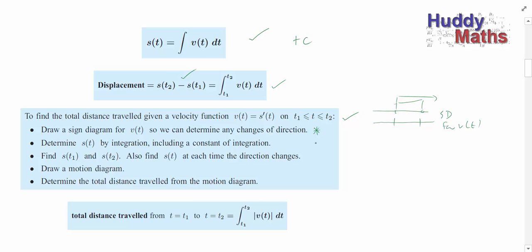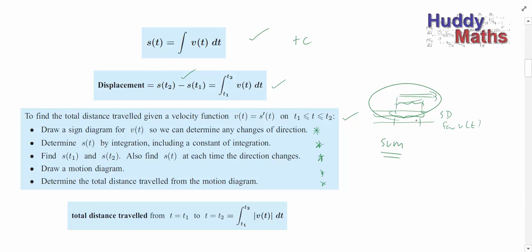Then we'd have to integrate the function and find each time the direction changes, and draw the diagram and find the total distance. The total distance would be the distance up to the first stopping point, plus the distance back, and then onwards. Do you remember those steps? So the total distance travelled would be the sum of each of those little sections.